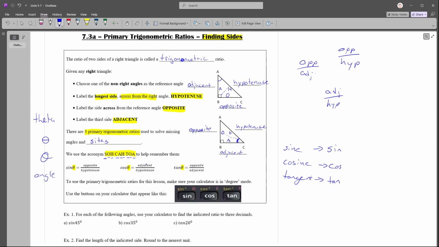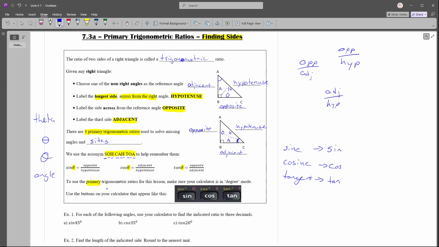Cosine of some angle is equal to the adjacent over hypotenuse. Tangent of some angle is equal to the opposite over adjacent. These are 3 primary trig ratios. I must emphasize the term primary because there are some more trigonometric things that we're going to be learning later on in the unit that aren't the primary trig ratios.